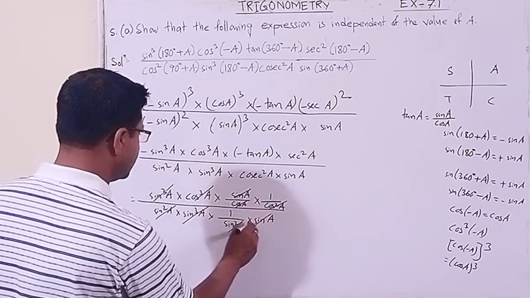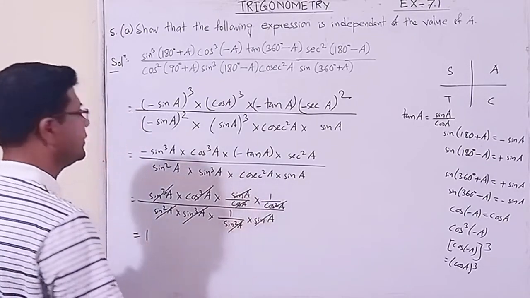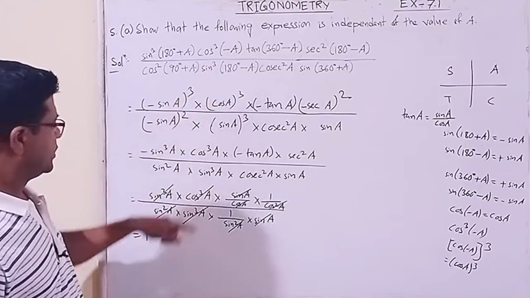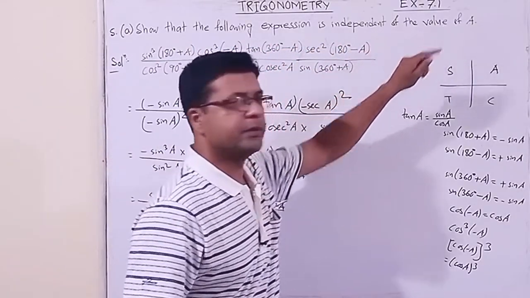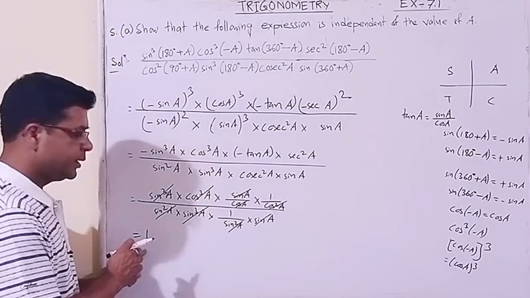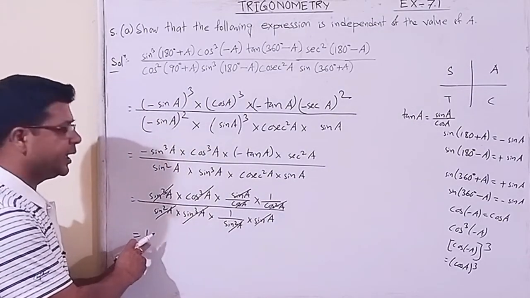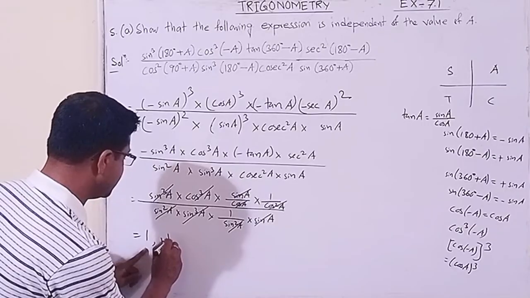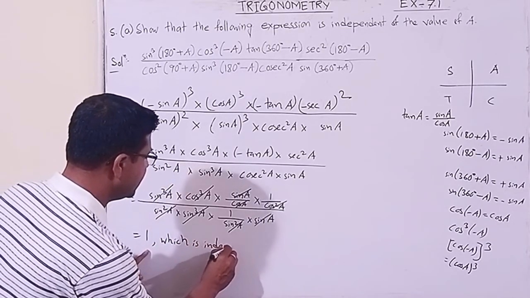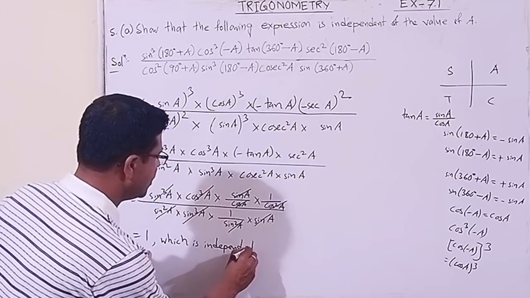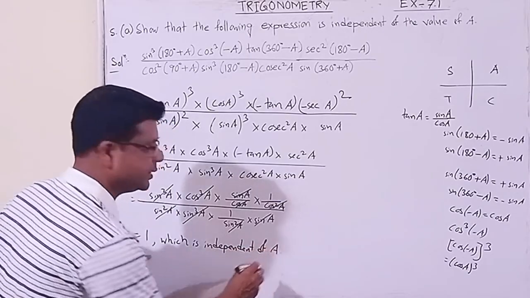Then this sine a will get cancelled, is equal to 1. Question was, show that the following expression is independent of the value of a. So we have got 1. Here there is no term containing a, so let us write which is independent of a. Is it okay?